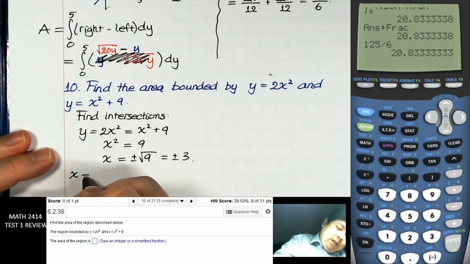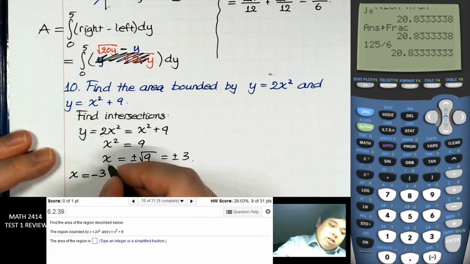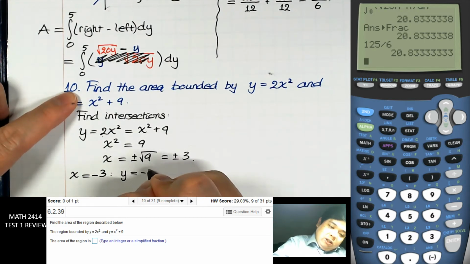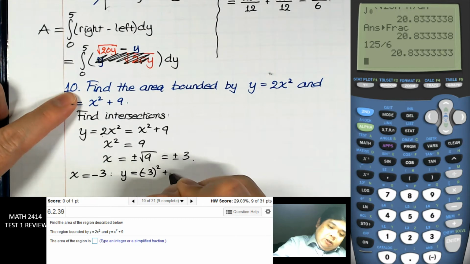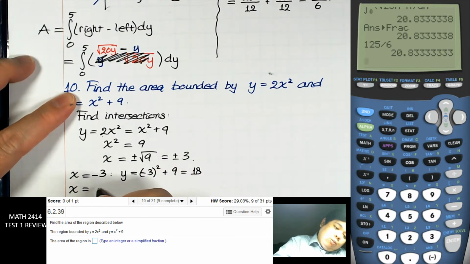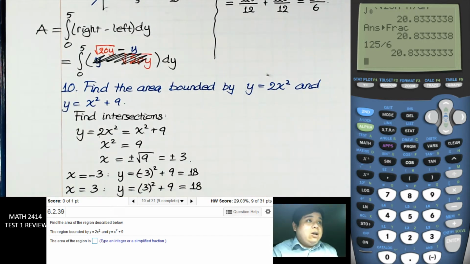When x equal to negative 3 first, we can just put negative 3 back into either one of these. I use this one. That is 18. When x equal to positive 3, that also is 18.